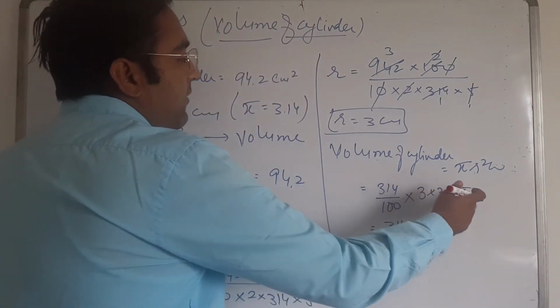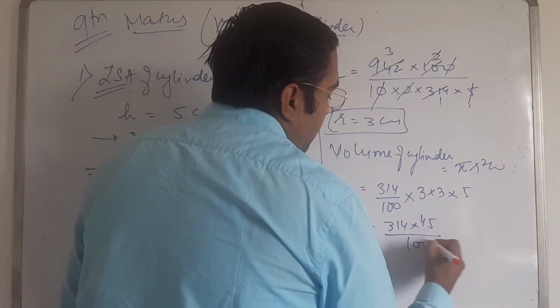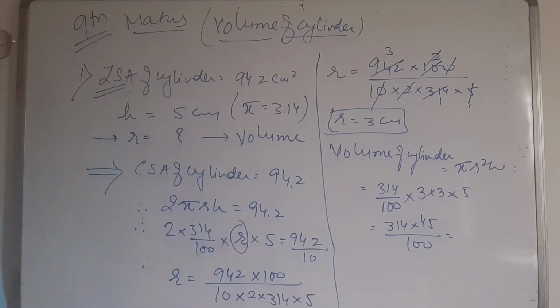So 3 3s are 9, 9 5s are 45 upon 100. So my answer is 314 into 45.